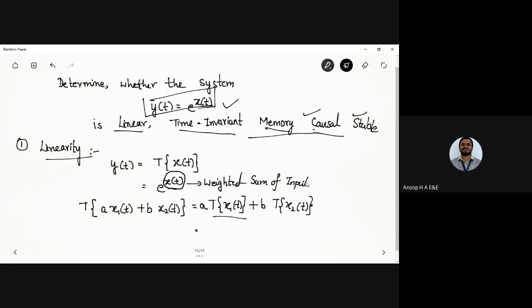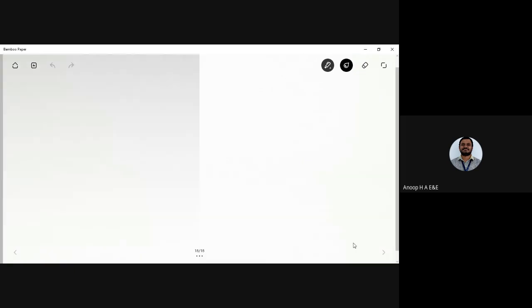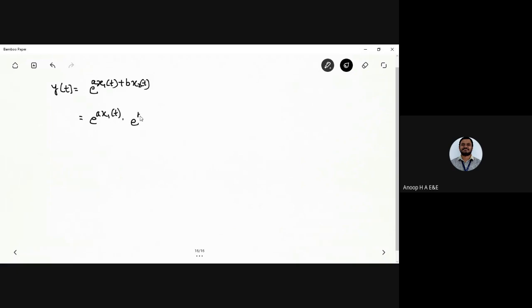So now let me change here: y of t would be equal to e power of a x1 of t plus b x2 of t. That is, e power a x1 of t into e power b x2 of t.